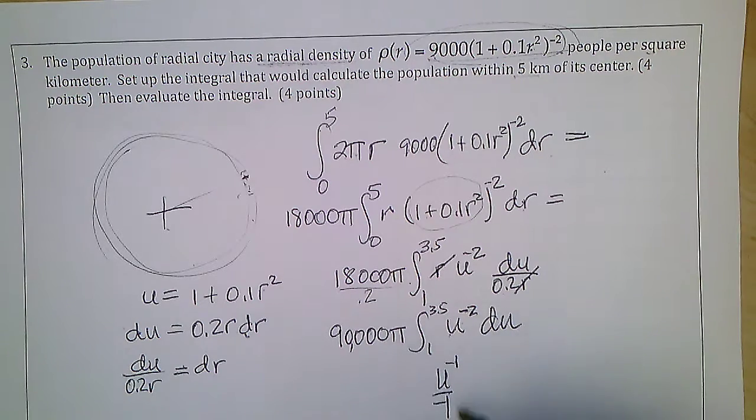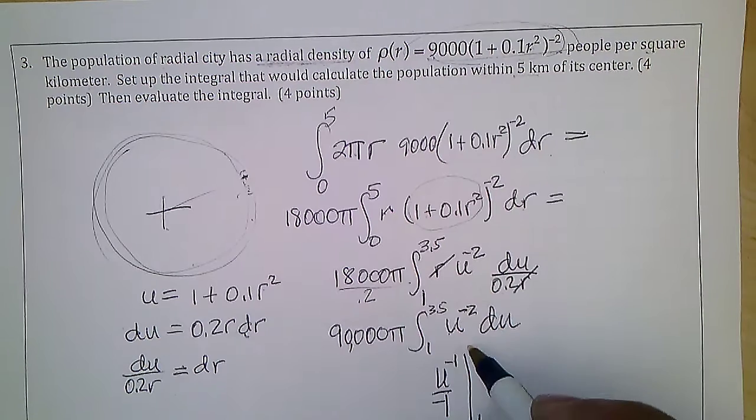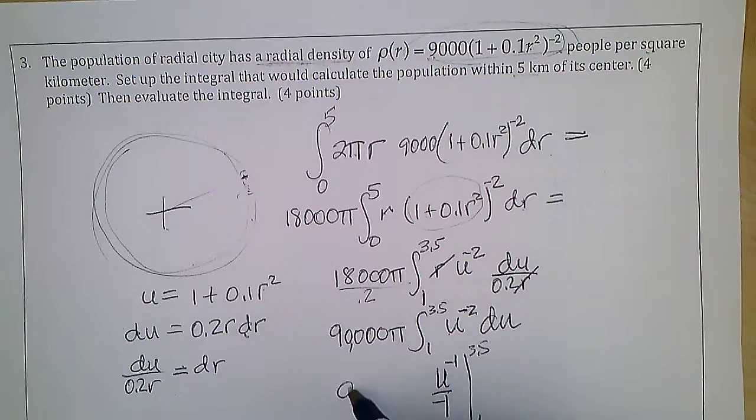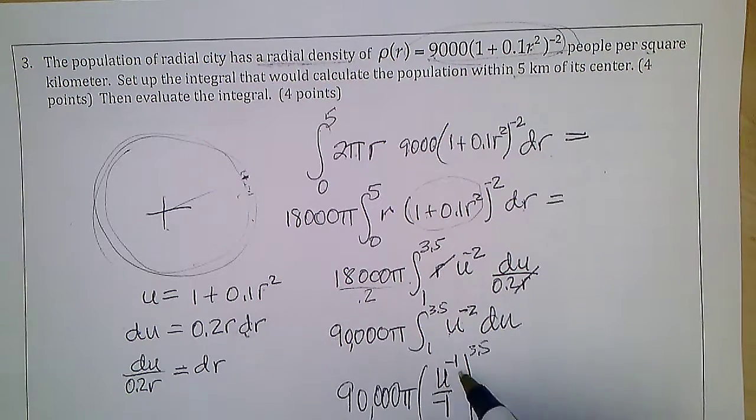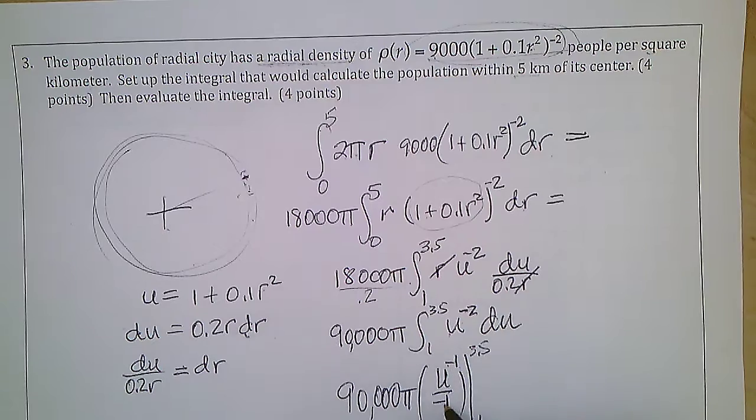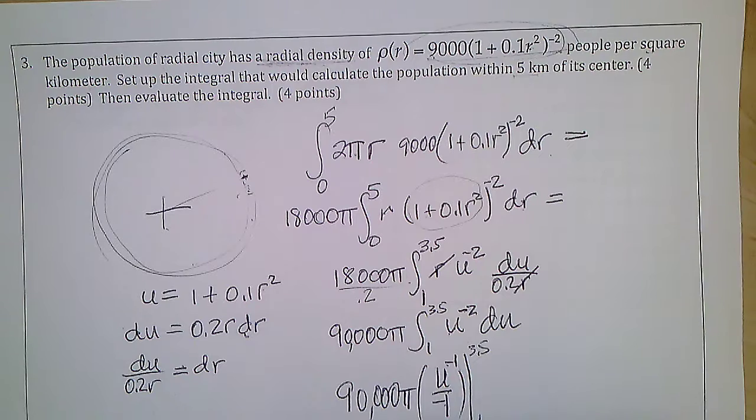That's the power rule. Evaluated from 1 to 3.5 of 90,000 pi times this. This is 1 over u squared, so the antiderivative is minus 1 over u, evaluated from 1 to 3.5.